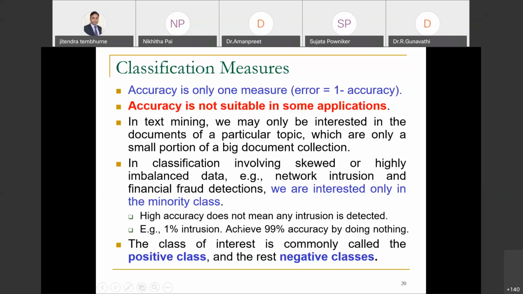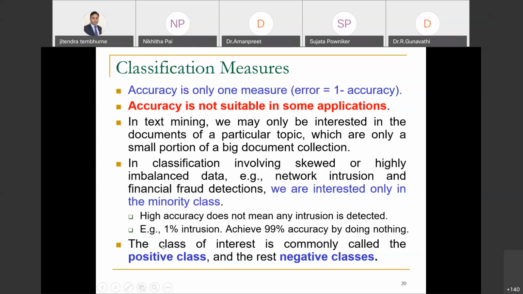I think this example is very clear. Here you can measure accuracy and see what the error is. That error is very small. If the error is very small, that indicates your model is 99% accurate, and yet nothing is happening on that computer system.